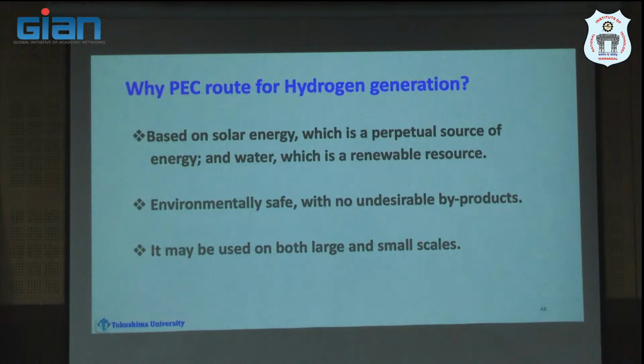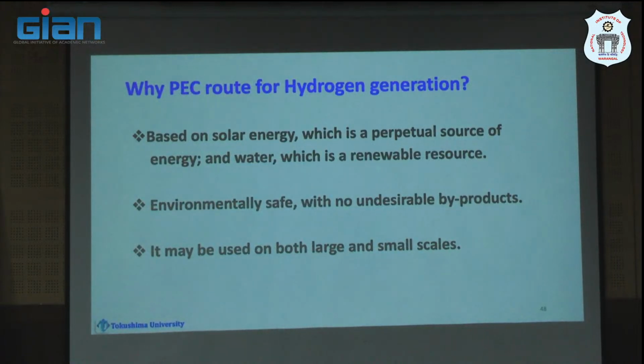Similarly, when you think about water splitting or hydrogen generation, the raw material should be low cost and easily available. So water is easily available and environment safe with no byproduct.